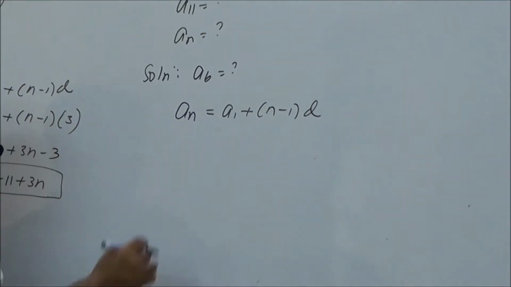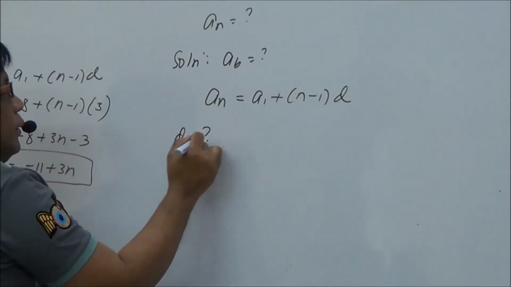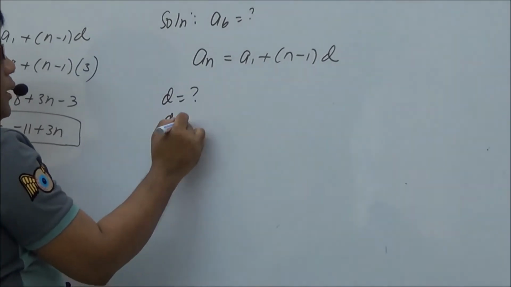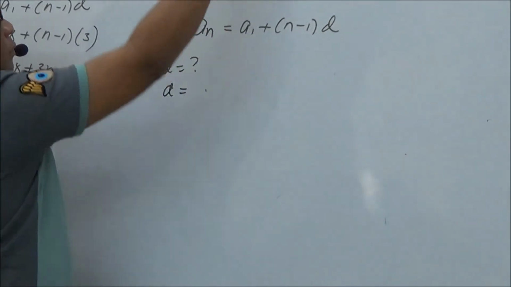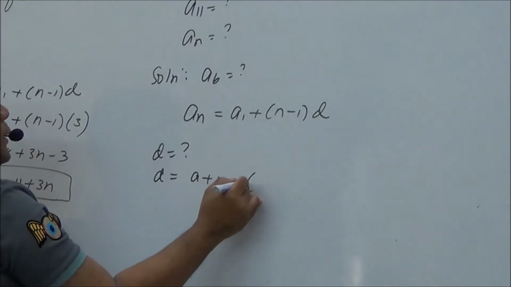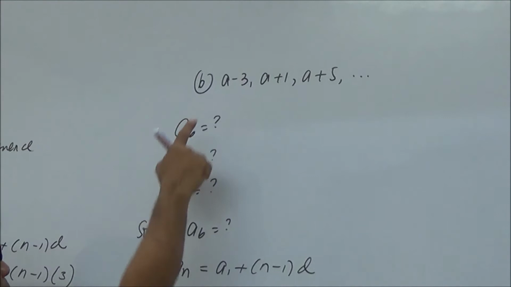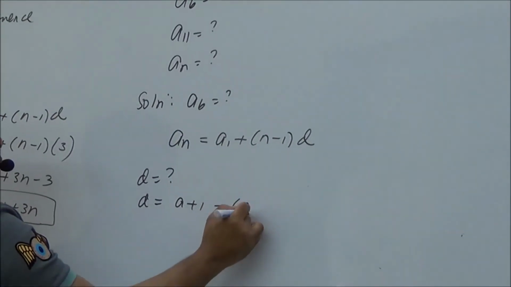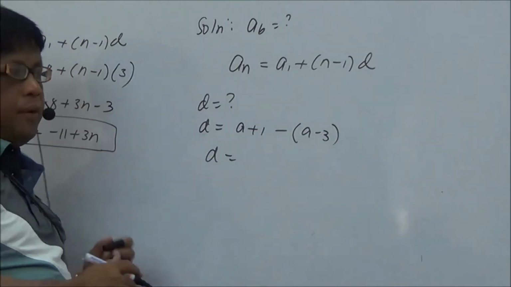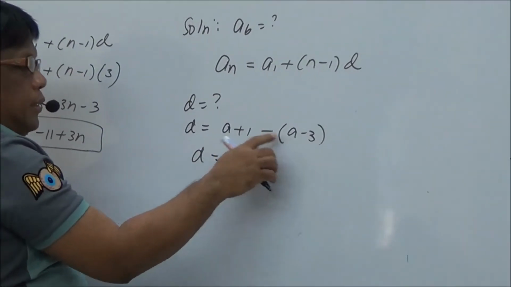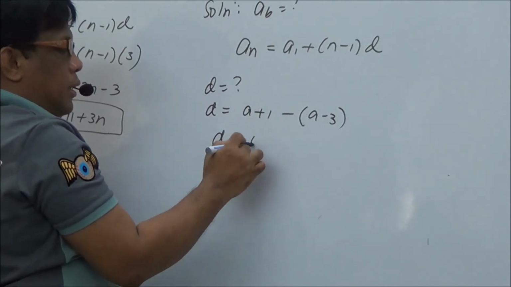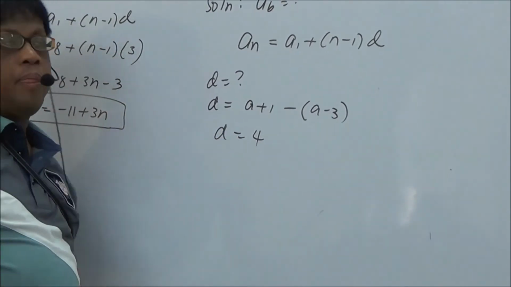So let us take first the common difference of this sequence. We have the formula for the common difference, d equals a sub 2 minus a sub 1. What's your a sub 2? It's a plus 1 minus the first term, which is a minus 3. So getting now the common difference, a minus a is 0, then 1 minus negative 3 will be positive 4. Okay?